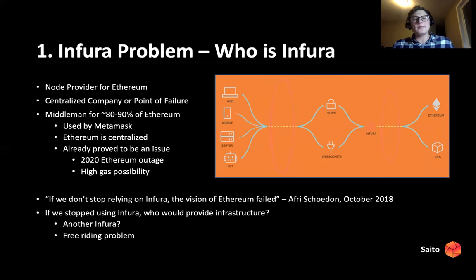There's also, by using Infura for 80 to 90% of our transactions, we also introduced the possibility of gas prices being artificially inflated. I don't know if we have seen this in the past. I can't really prove it, but it could be theoretically possible for Infura to take some transactions that have higher gas fees and route those to miners and take those transactions with lower gas fees and decide to not share those on purpose.